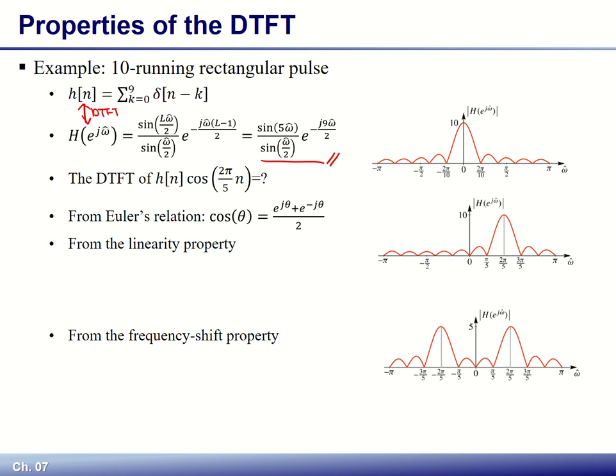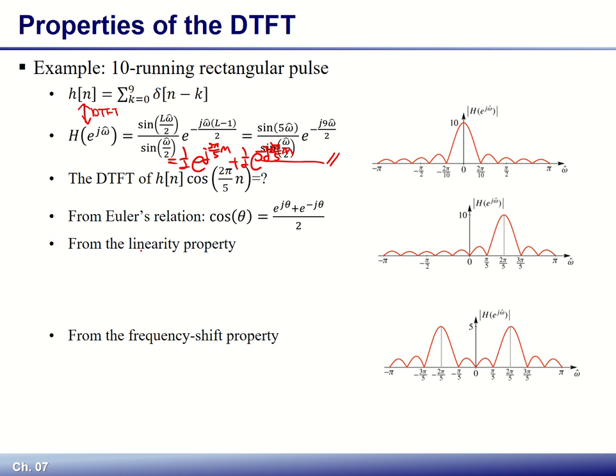Then what will be the DTFT of h[n] times cosine of 2 pi over 5 n? From Euler's equation, it will be a half e^{j 2 pi over 5 n} plus a half e^{-j 2 pi over 5 n}.